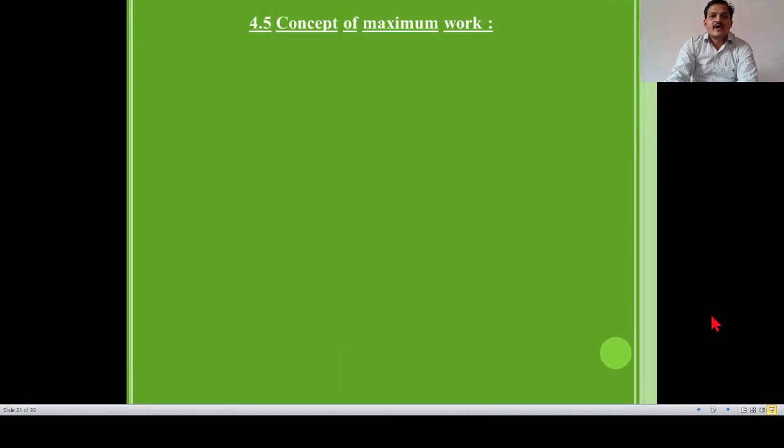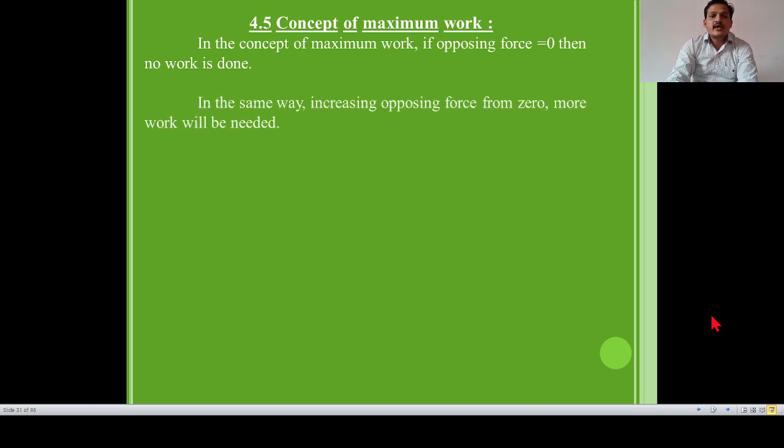Then our next point is the concept of maximum work. In the concept of maximum work, if the opposing force is equal to 0, no work is done, we already know. In the same way, on increasing the opposing force from 0, that is 1, 2, 3, whatever it may be, more work done will be needed.